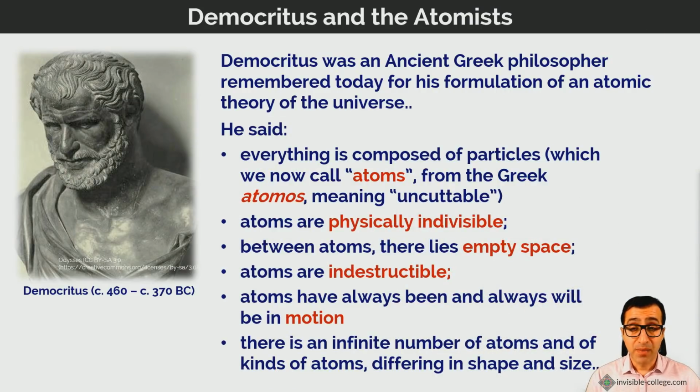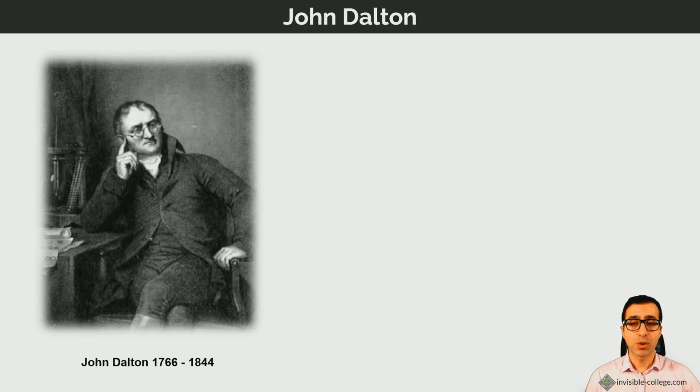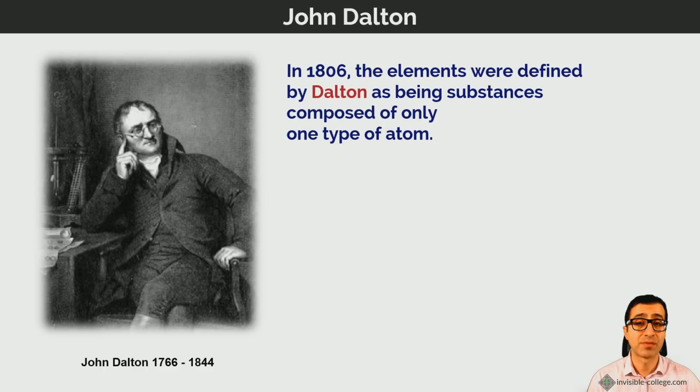So the next major leap forward in our understanding of atoms and in the model of atoms came with John Dalton. In the early 1800s, he defined elements as being composed of only one type of atom.